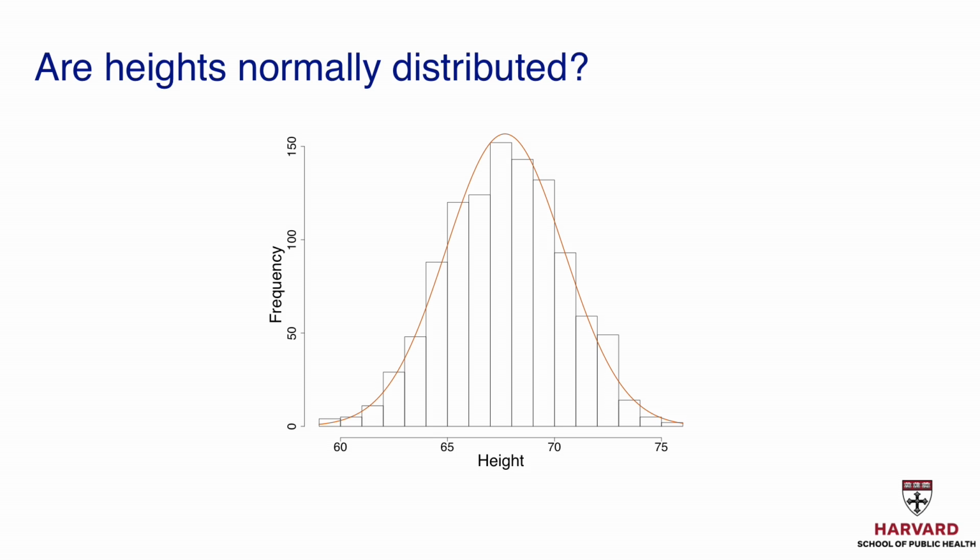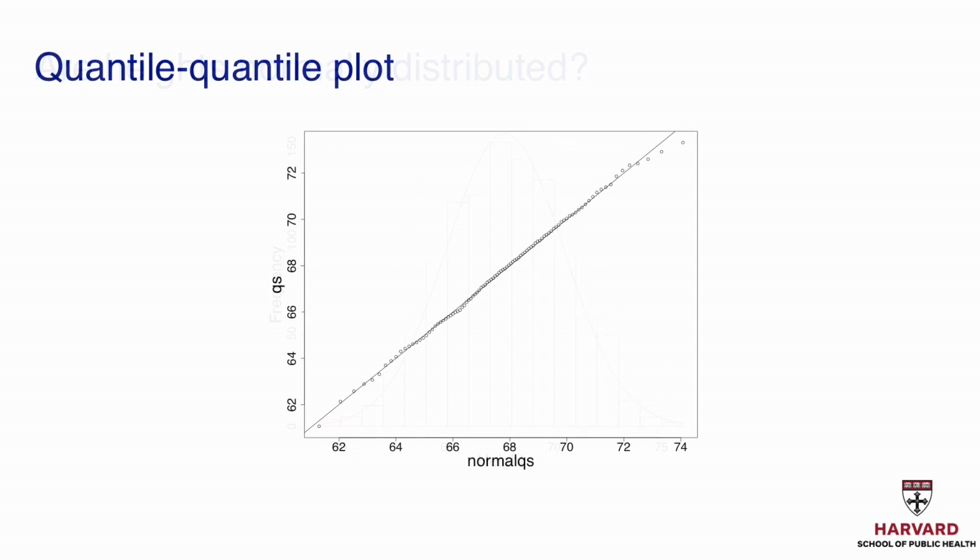To look at this a little bit more rigorously, we can look at what is called a quantile-quantile plot. So what we do is we compute, for example, percentiles. So we go 1%, 2%, 3%. So we compute what is the number for which 1% of the data is below that number, 2%, 3%, 4%. And we compute what are called the percentiles.